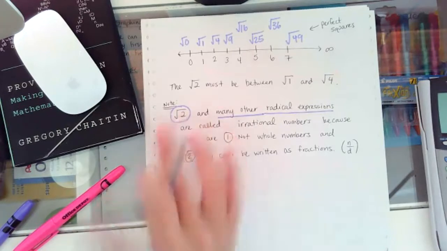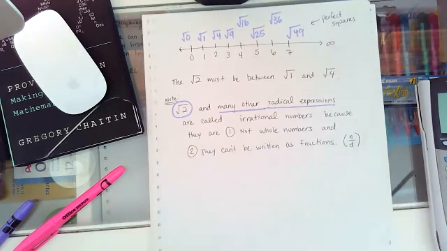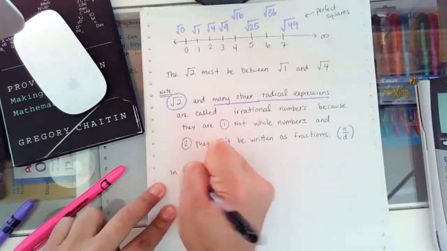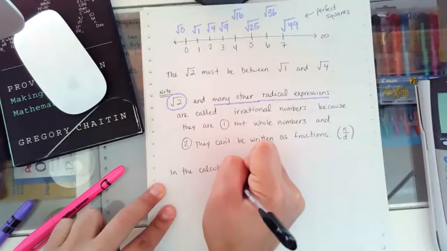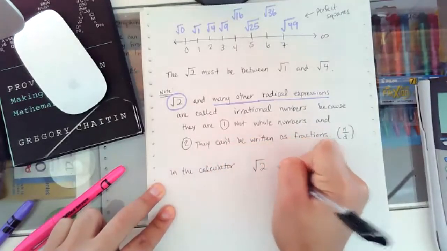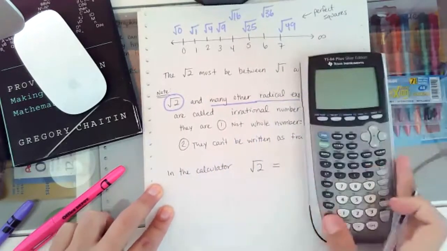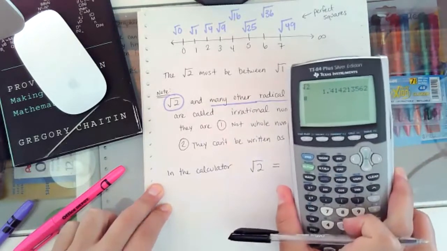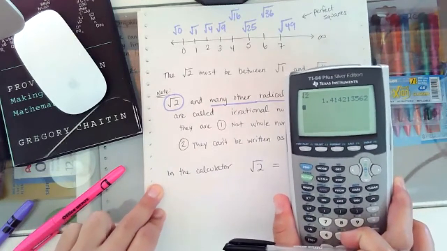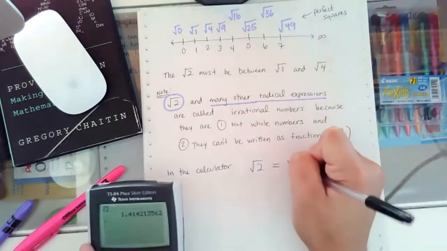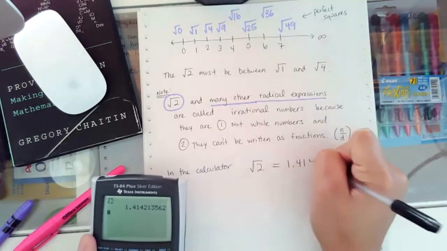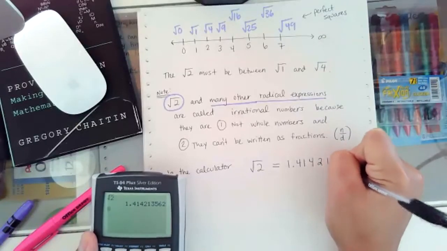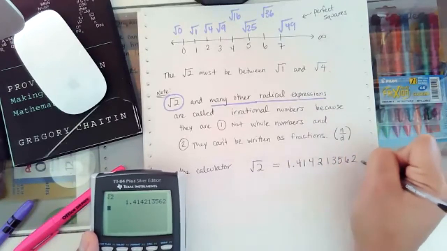The square root of 2, however, is not a perfect square because when you simplify that in the calculator, the square root of 2 gives you some ridiculous number. The square root of 2 is 1.414213562. So I'm just going to put 1.414. Why not? 213562, and that goes on forever.